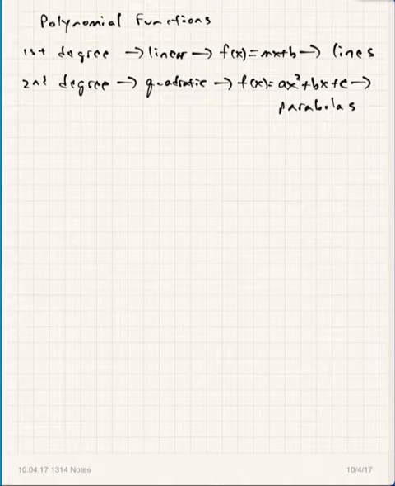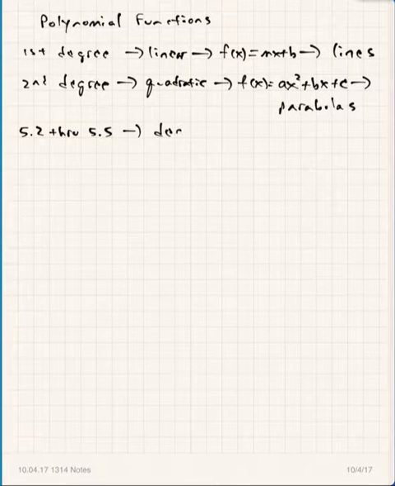And so now our objective in the rest of Chapter 5, or a lot of the rest of Chapter 5, so in sections 5.2 through 5.5, is to look at degree higher than 2. So the degree is greater than or equal to 3, right? And look at those kinds of functions. All right. So there are some particular things that we're going to be after.